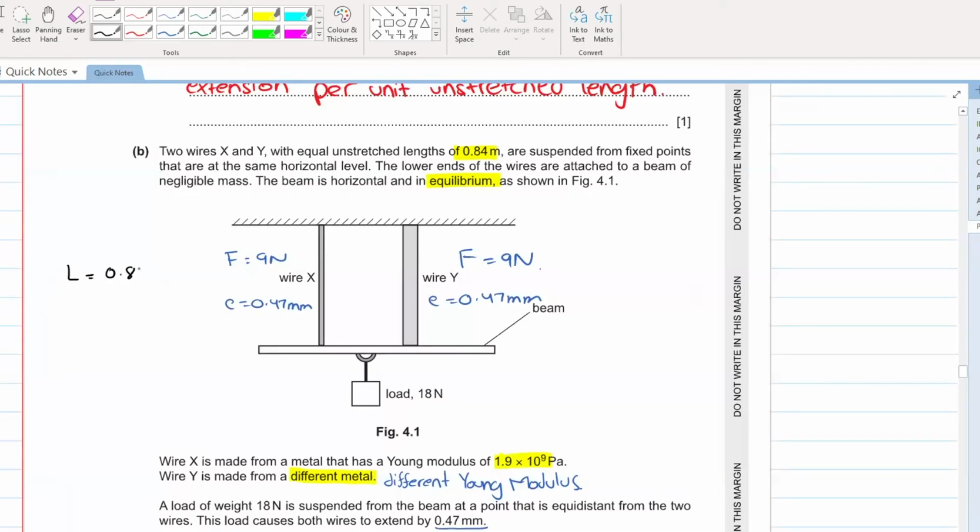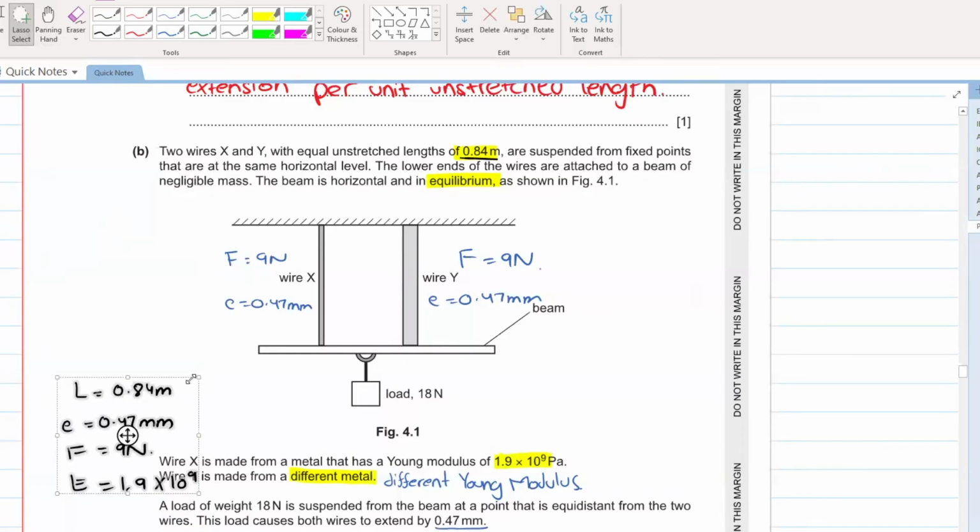Yes, 0.84 meters. Do you have the extension of wire X? Yes, 0.47 millimeter. Do you have the force on wire X? 9 Newton. Do you have the Young's modulus of wire X? Yes, 1.9 into 10 raised to the power of 9. Any formulas that we can apply here for wire X?